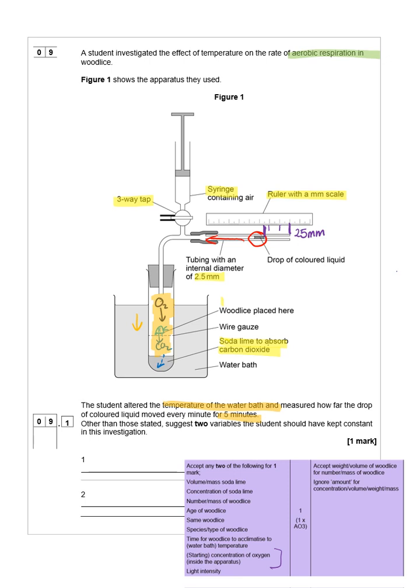Just as another thing to think about, we've got the amount or concentration, but we don't accept amount for concentration, volume, weight or mass. We've got to get away from using the word amount. It is far too vague for our A-level answers.